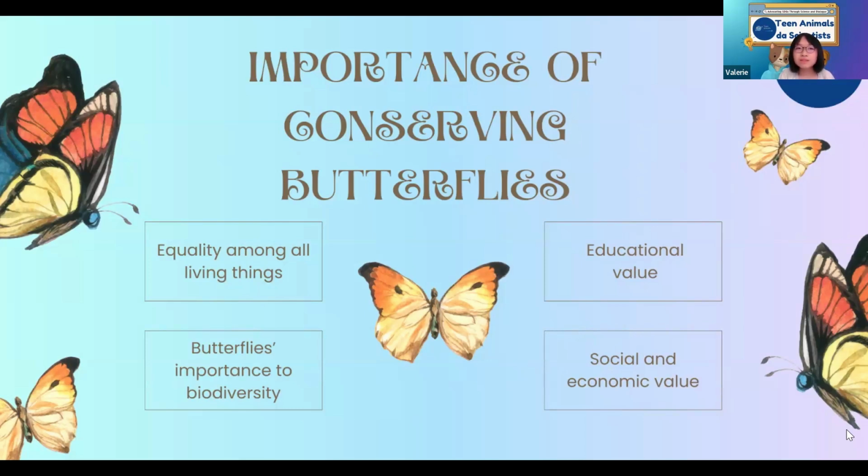This means that we can study butterflies to know the situation of climate change in our community. This can also raise awareness of the importance of solving climate change. We can also use butterflies to study the impact of habitat loss and fragmentation.